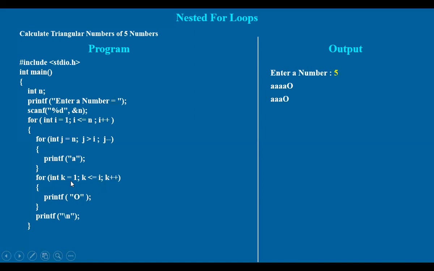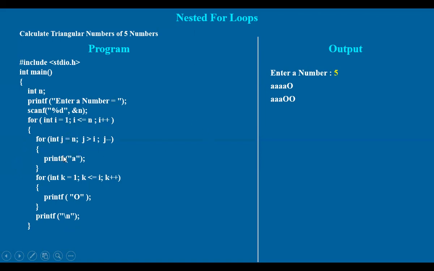Now K value is equal to 2. 2 less than or equal to 2. Yes, the statement is true. So it executes again, right? So like this it again comes to this position, and I value becomes 3 here. So this loop continues.